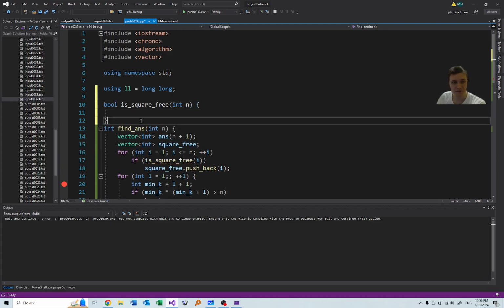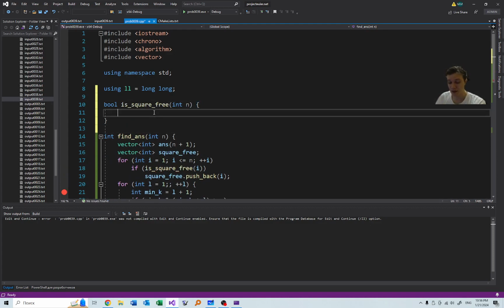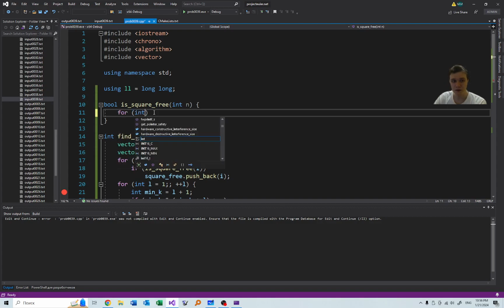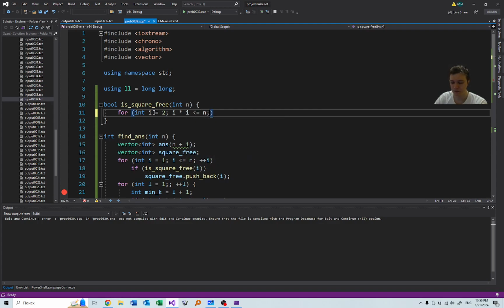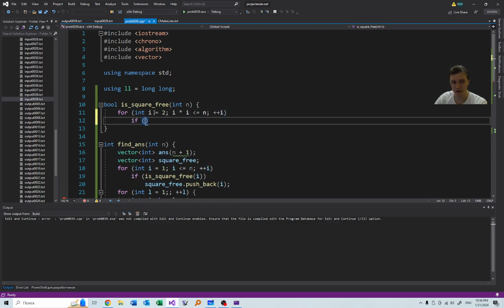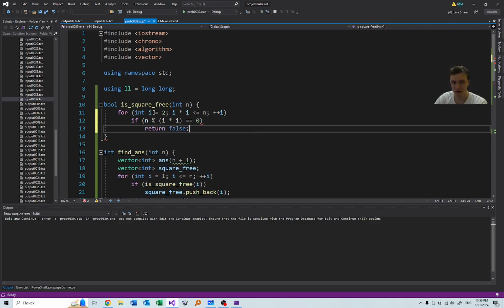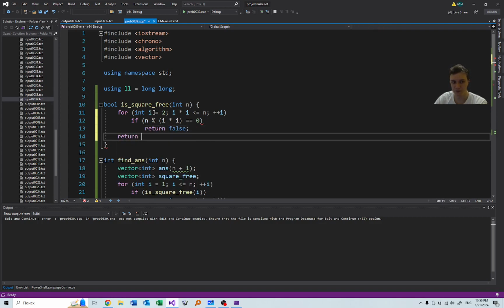Great, so let's check that something is square free. To do that, we need to go through all numbers from 2 to square root of n and check, is it true that n is divisible by i times i? Then return false, else return true.